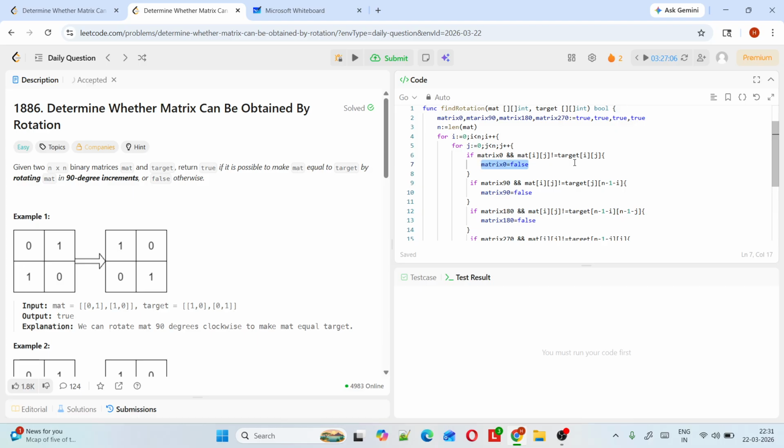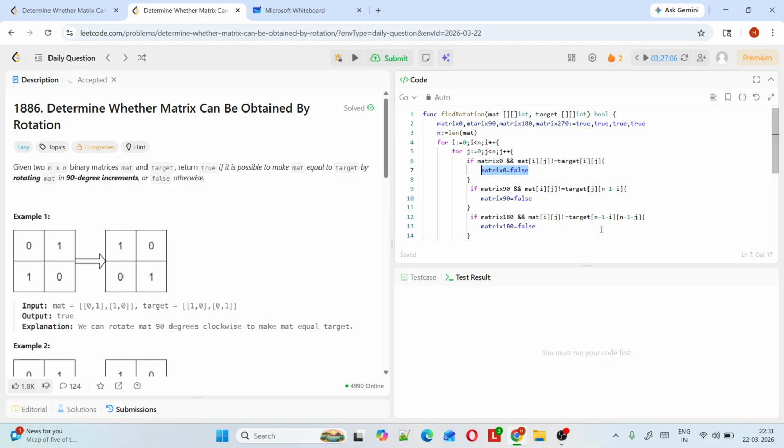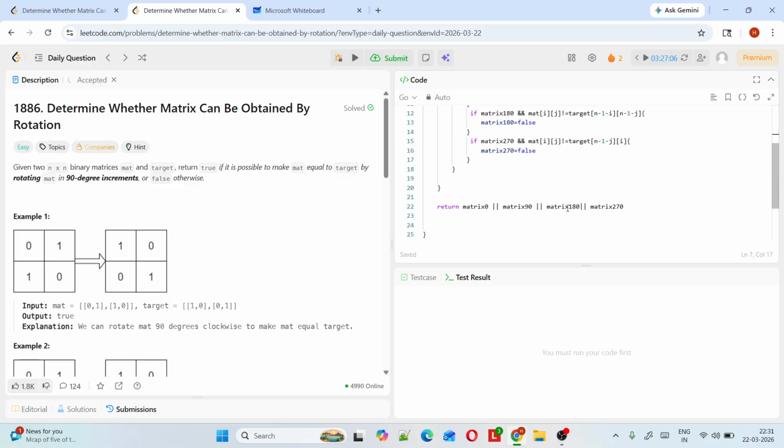Like whenever you rotate our matrix by 90 degrees, whether that is equal to target or not. If all these are false, it means our given target is not present in those rotated matrices. Okay, so let's see that.